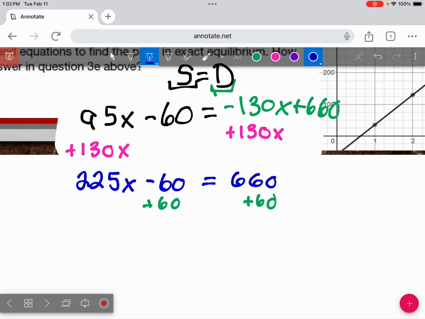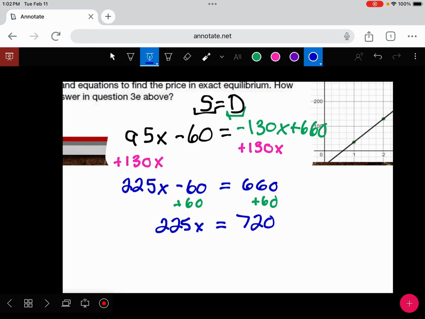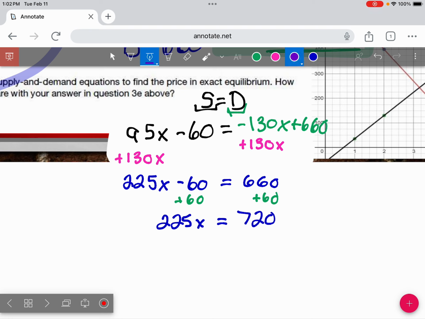So then we have 225x equals 720. And what do we do to figure out what x is? Yeah, divide it by 225 on both sides.